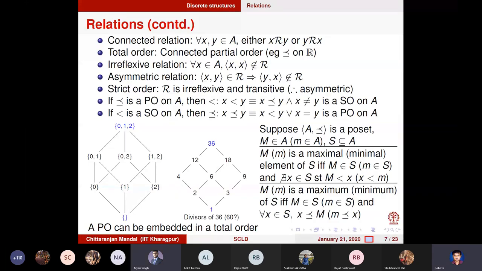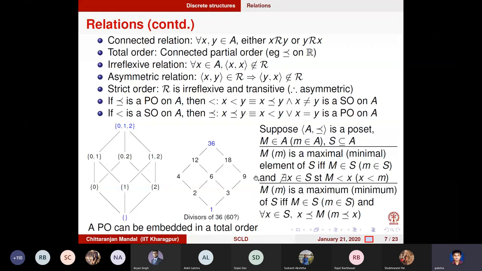Yeah. What is the lower bound of 18? 1, 2, 3, 6, 9. What is the common lower bound of 12 and 18? 1, 2, 3, 6. Right. What is the maximum common lower bound of 12 and 18? 6. Yes. So 6 would be called the meet of 12 and 18.